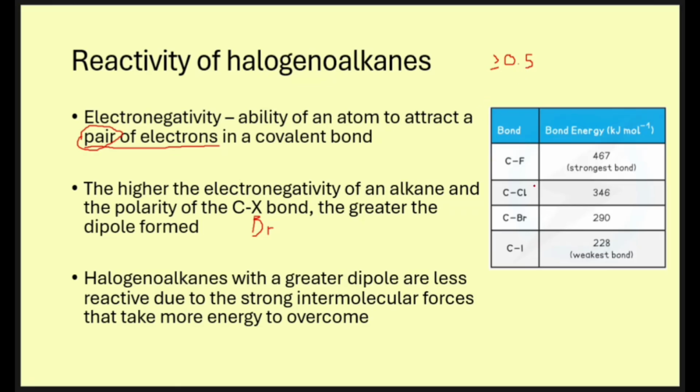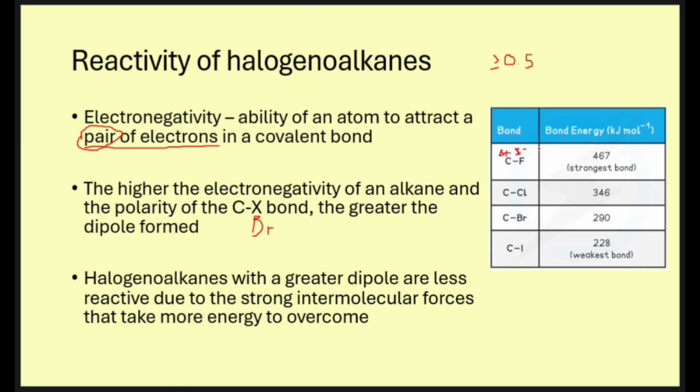So the carbon-fluorine bond is the most polar, which means we have a bigger dipole here. We have a partially positive carbon and a partially negative fluorine, because the fluorine is taking the electron density in the bond over to its side, causing that polar bond.